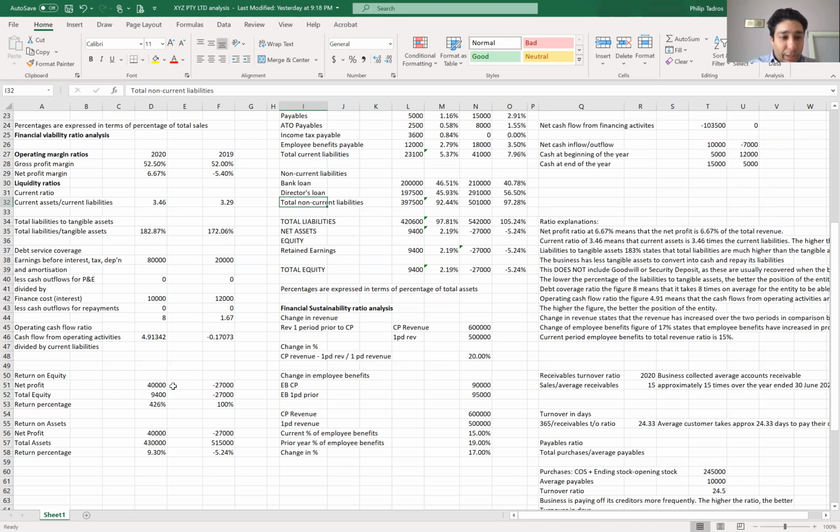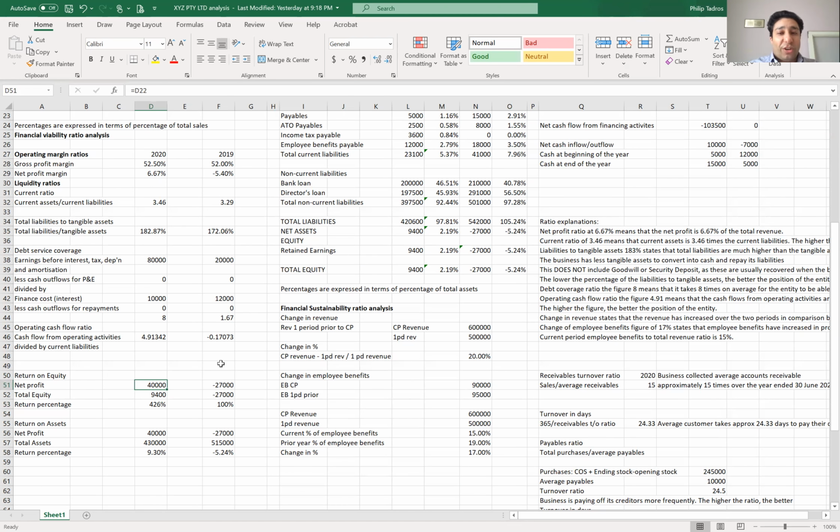So the return on equity basically means what percentage of your capital investment is a profit. So let's say your capital investment is $400,000 and the net profit is $40,000. So your return on equity is 10%.